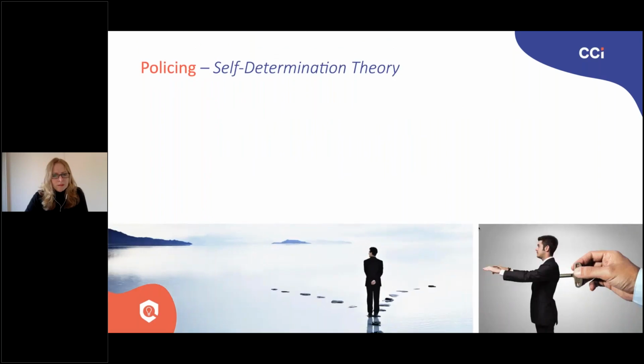And this is where some of the work that we've done overlaps with an area of humanist psychology called self-determination theory, which is about looking at motivation and productivity of individuals.